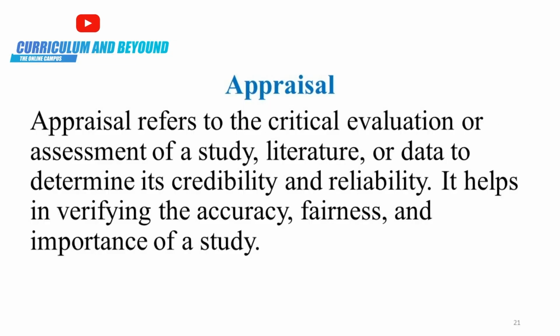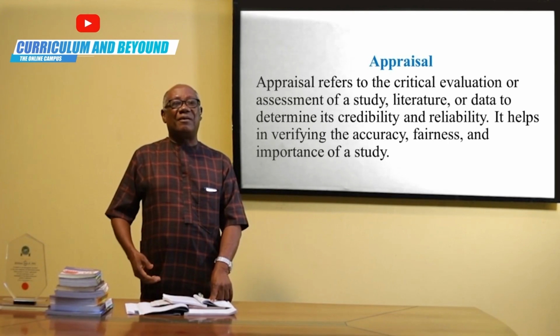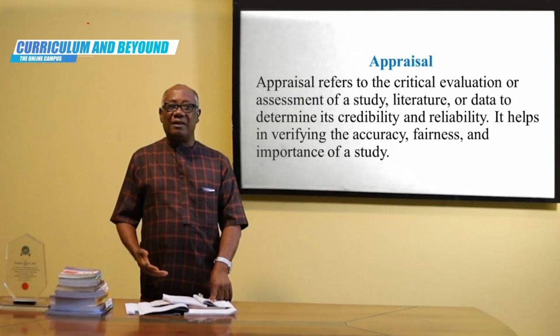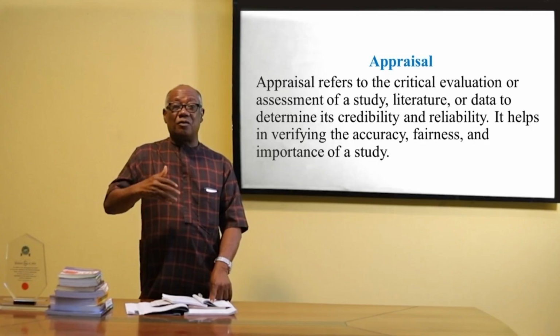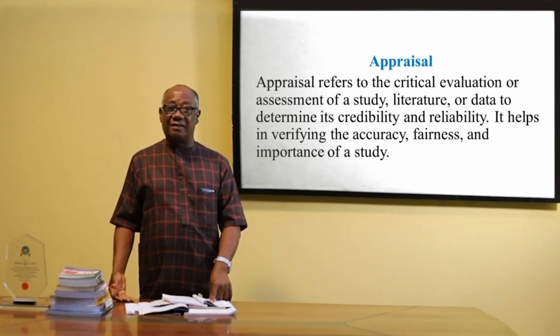Now, at the end of that, you go to Appraisal of Literature. In Appraisal of Literature, you are concerned with identifying the gaps that are existing in literature that predicates the current study you are carrying out. For example, you cannot carry out a study if in literature there is a solution to the problem you are investigating.